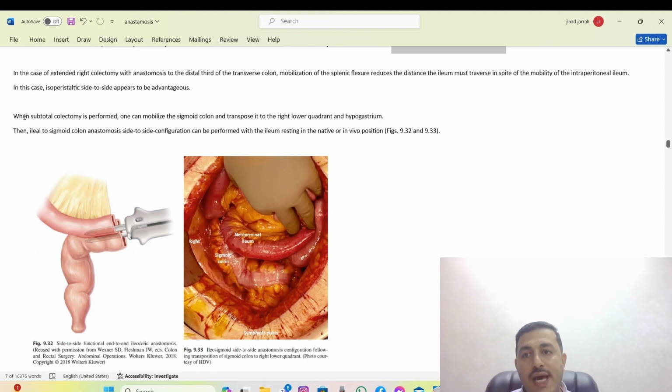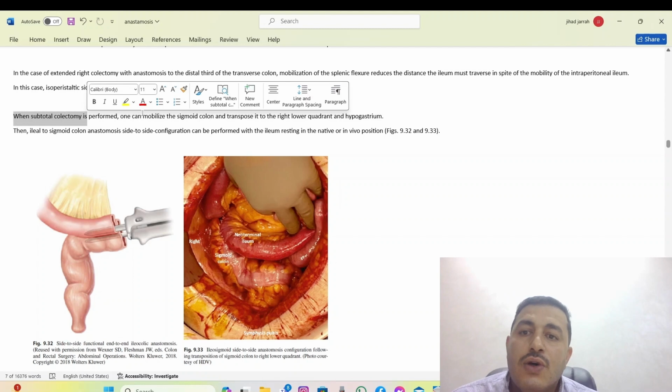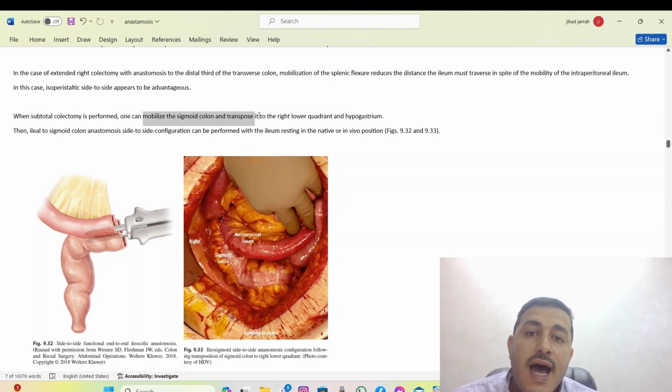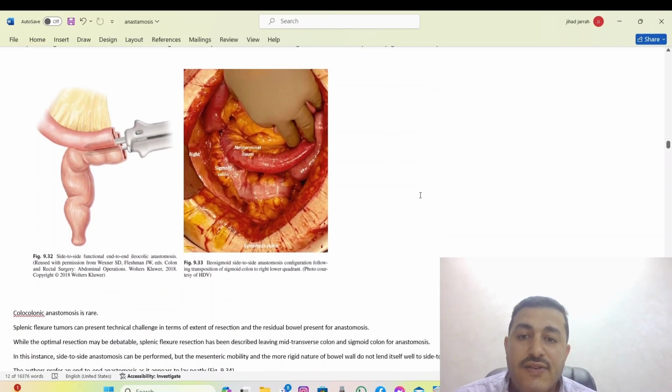So when we are going to construct a subtotal colectomy, mobilization of the sigmoid and moving it to the right lower quadrant is not that difficult. You can see in this picture, this is the right lower quadrant, and you can see that the sigmoid is reaching the right lower quadrant with no tension, so we create an iliosigmoid anastomosis.